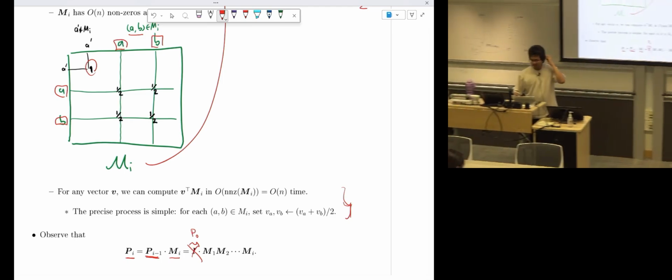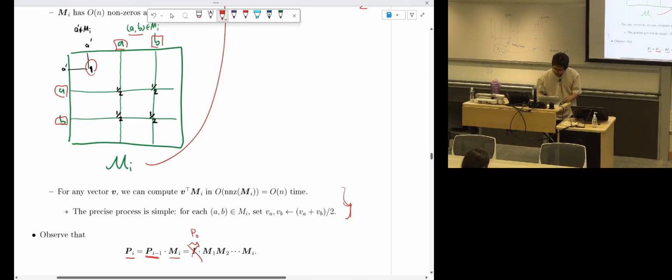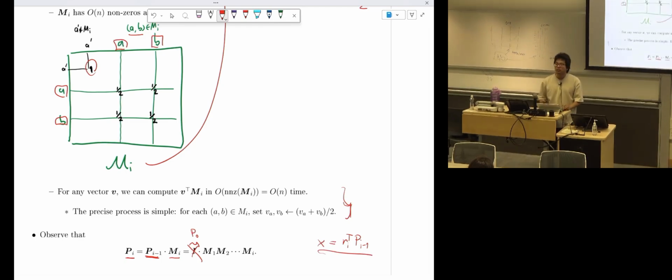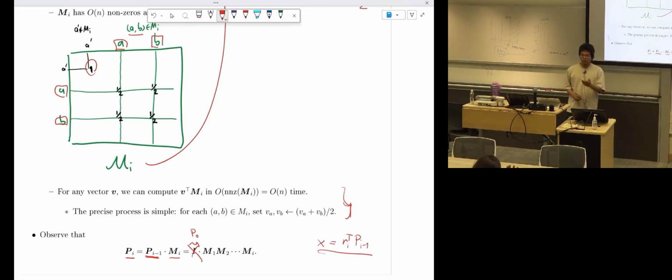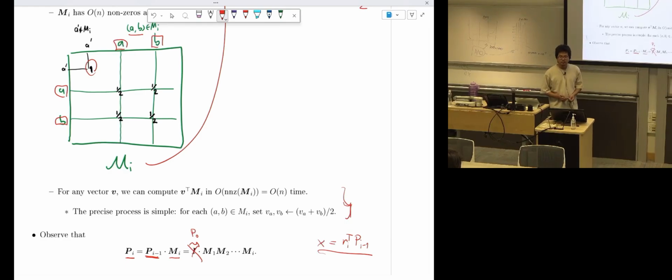Okay. So now, can you tell me why we can compute X, which is Ri times Pi minus 1, fast? How to do this? Because we have this expansion for PI, for each matching that we have, and we have I matchings, we just do that process, which is O of n time.